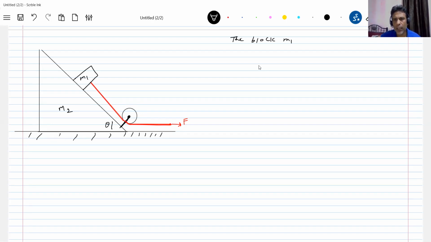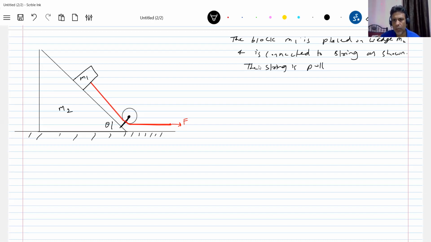The block M1 is placed on wedge M2 and is connected to a string as shown.